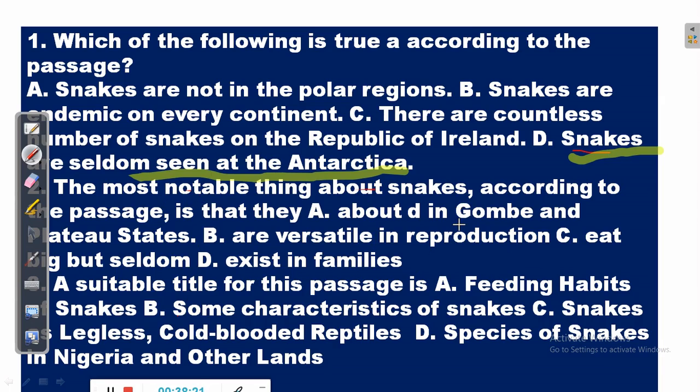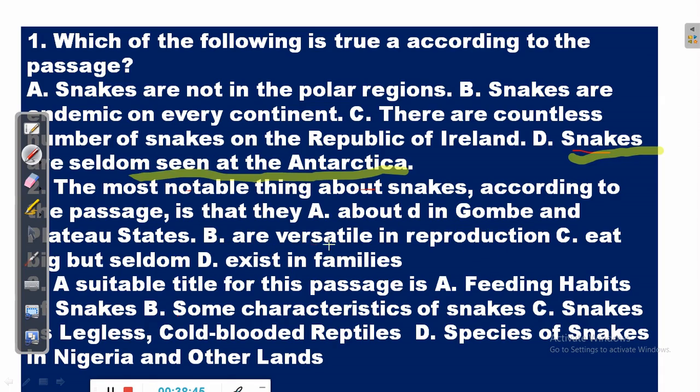We are not told that the snakes in Gombe and Plateau states are special, or there's something special about them. Okay, so that may not really be an option we can take immediately. We will look for evidence. B, are versatile in reproduction.